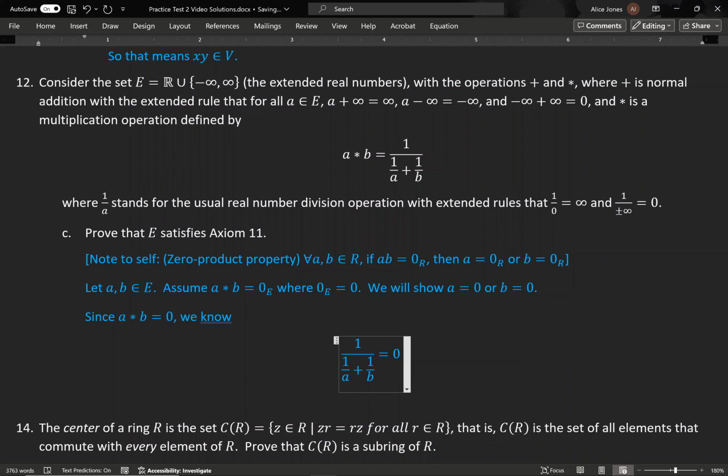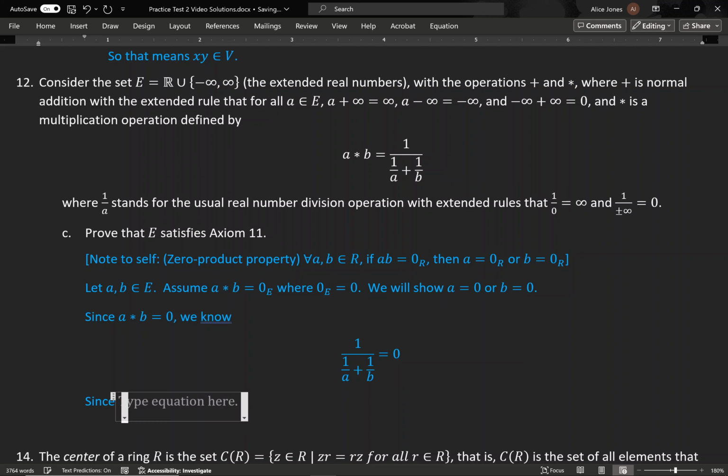Well, no, wait, because that's for regular real numbers, but we have these wacky extended rules. Remember, we do have that 1 over something can equal 0 in this situation. Normally with just real numbers, 1 over something cannot equal 0, but 1 over plus or minus infinity can be 0. So what we actually have here tells us that the denominator has to be either plus or minus infinity.